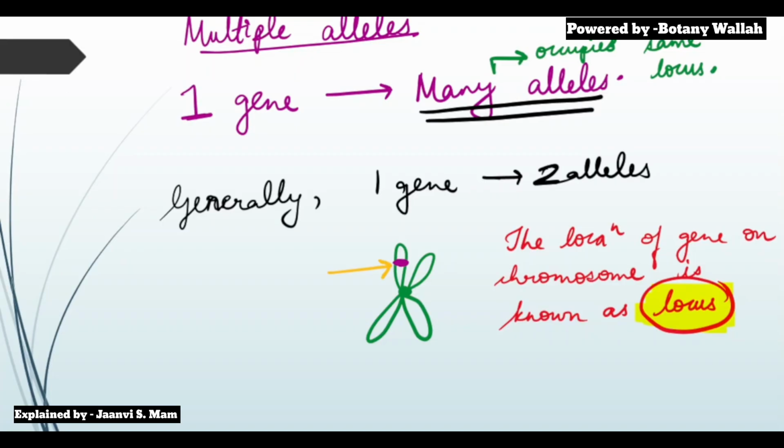Like I had taken the example of Drosophila. Drosophila has multiple alleles for wings. If you go and check, there is VG plus, which is for normal wings.